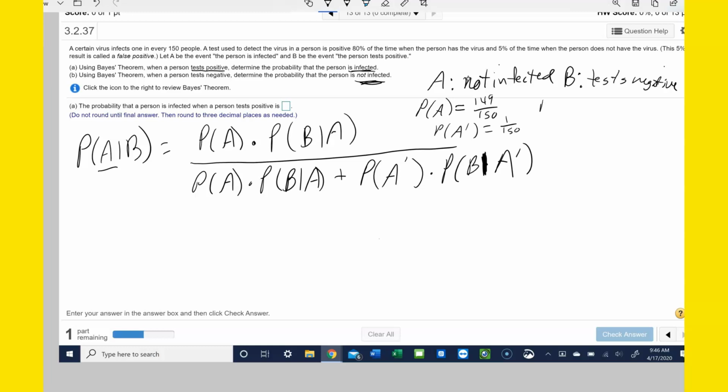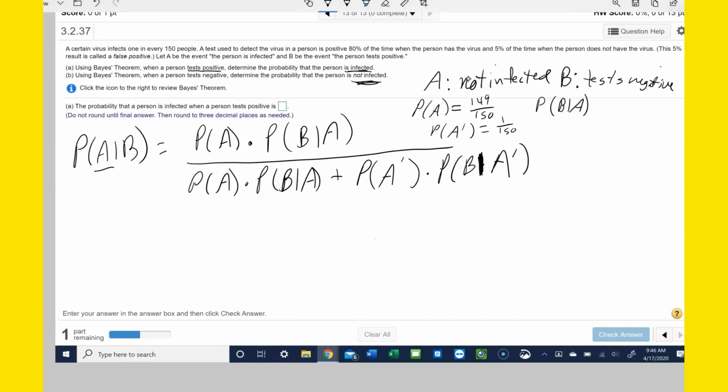All right, probability of B given A. So that you test negative given that you are not infected. This part's confusing, but again, this is testing negative given that we are not infected.